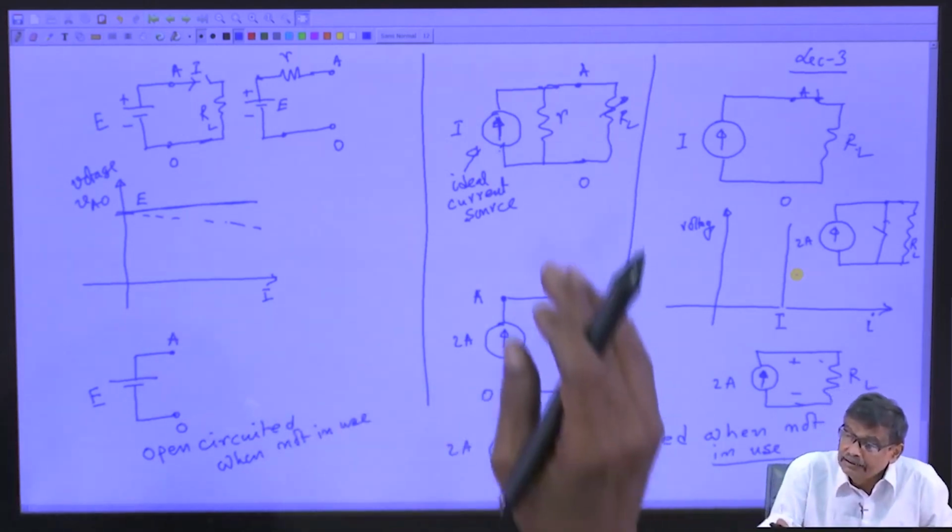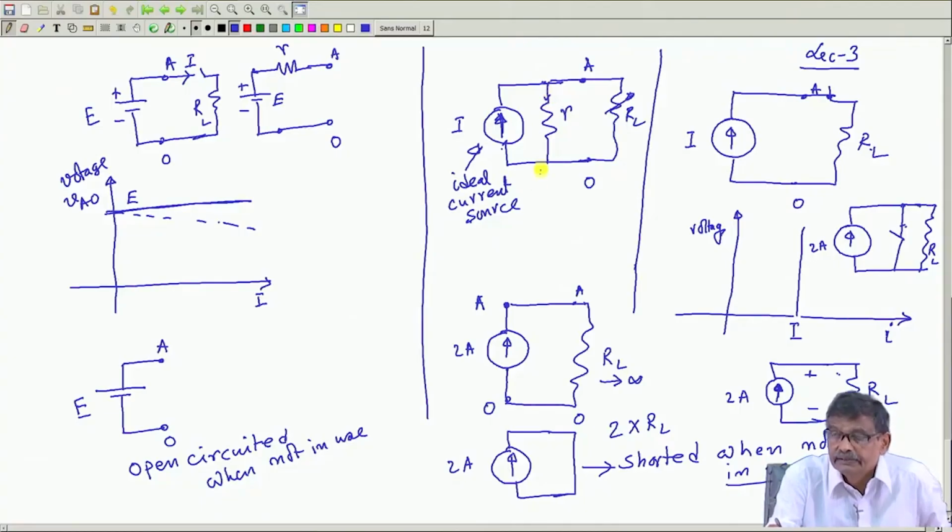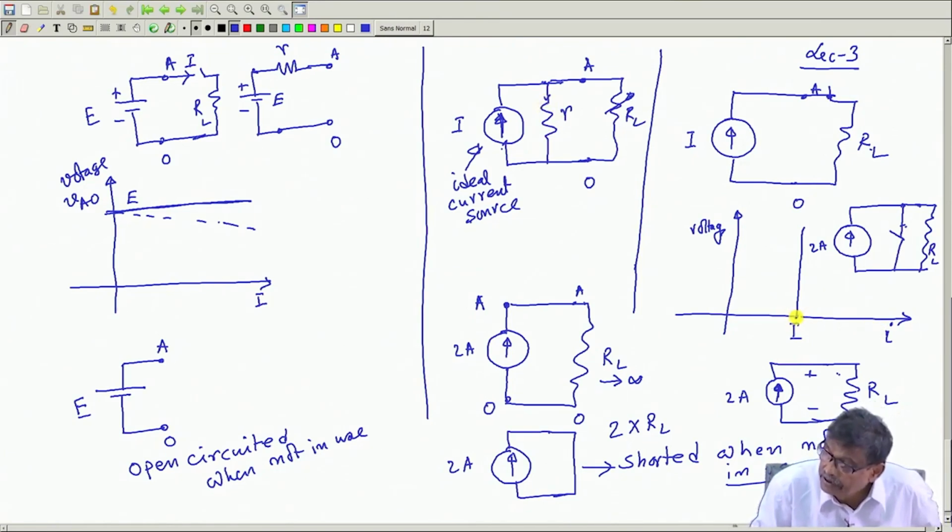So, a practical current source will consume certain current here, but an ideal current source does not consume anything, total current it delivers. You can sketch the voltage versus current characteristics of a practical current source. It will be I when no load is connected, but it will be slightly less current.